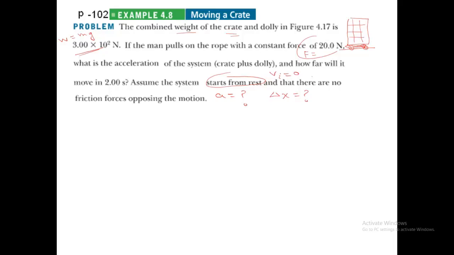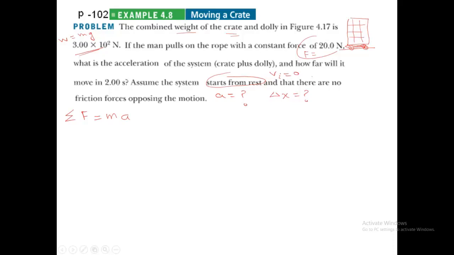So first of all, we find the acceleration. The sum of the forces acting on the object is equal to ma.